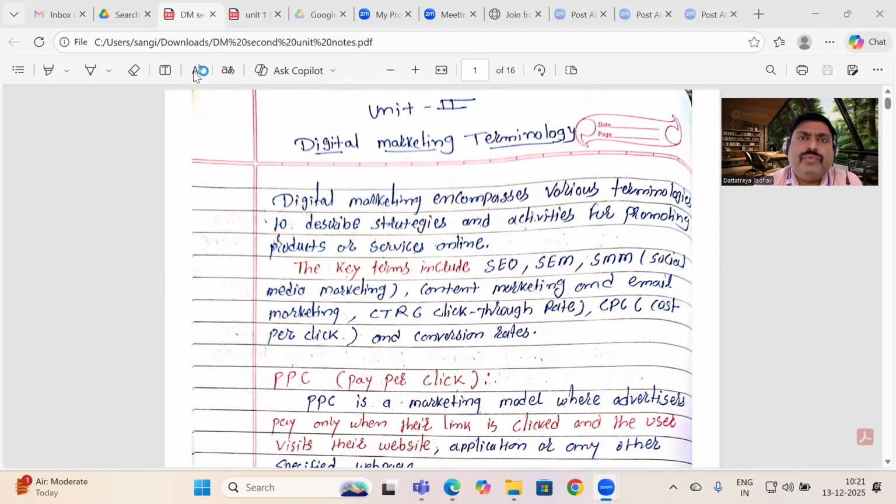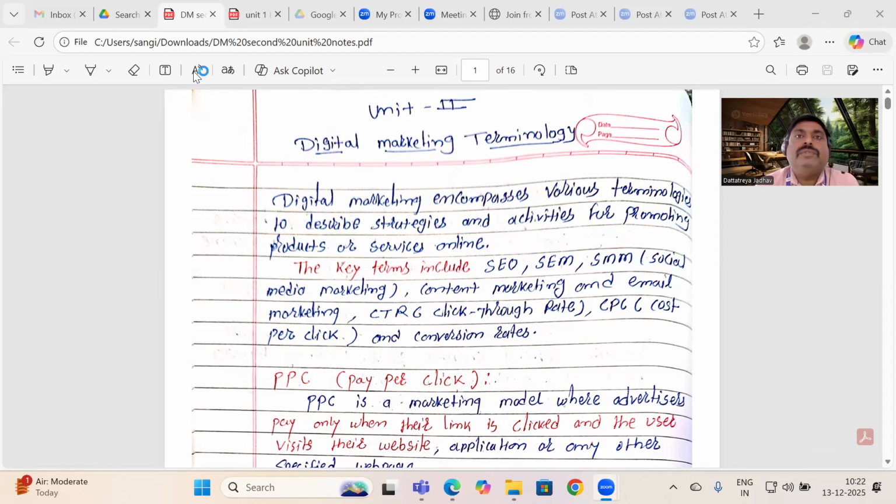So we observed a number of platforms in the first unit, which is the basic concept, but the second unit is related to digital marketing terminology. Whatever platforms we observed in the first unit, the basic concept, what is the idea of that, what will they be used for, what is the benefit, and how they help digital marketing.